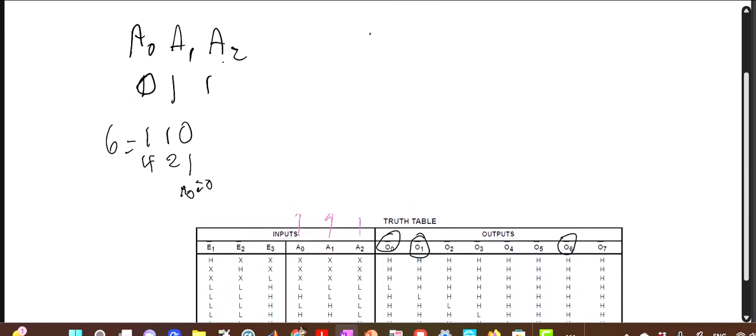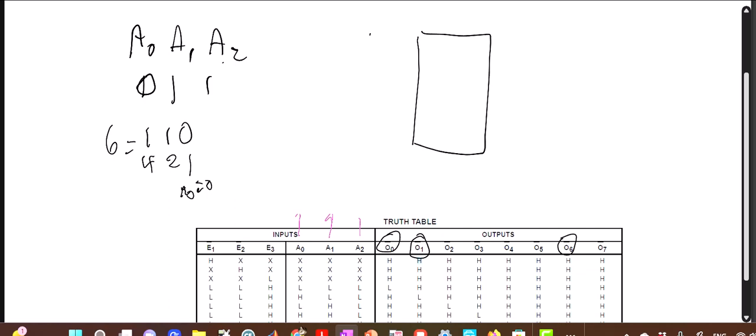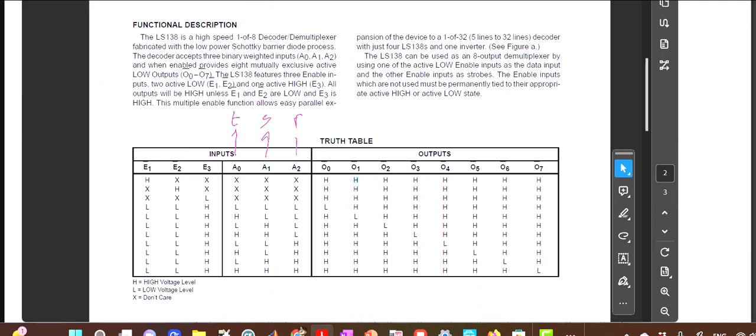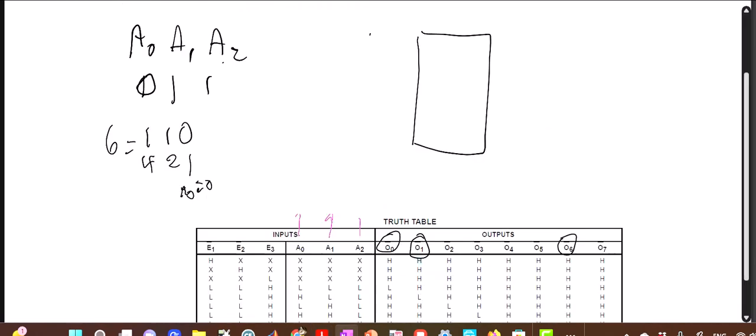So we want to take from our decoder outputs 0, 1, 2, 3, 4, 5, 6, 7.